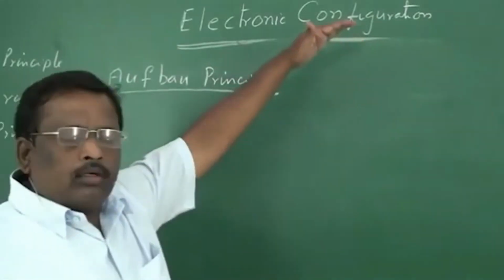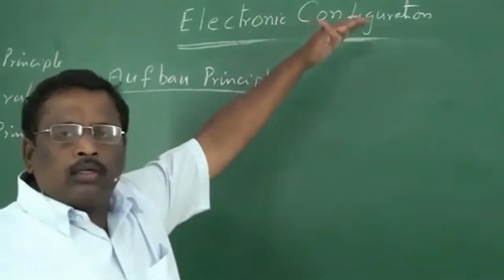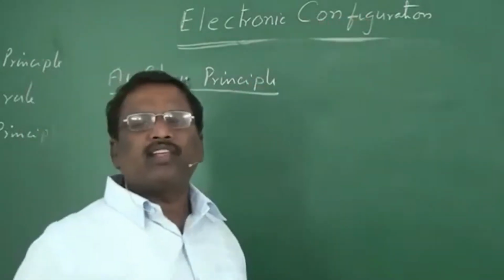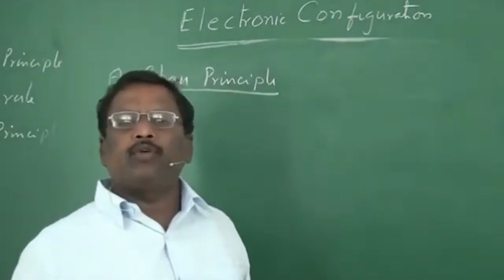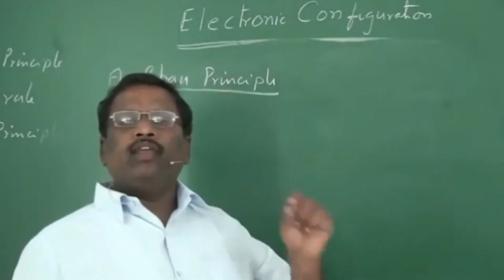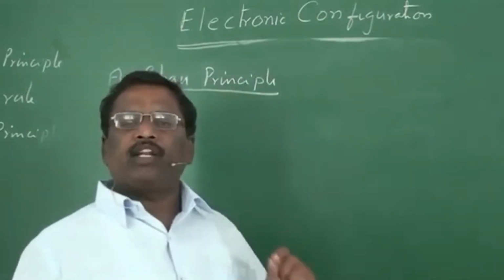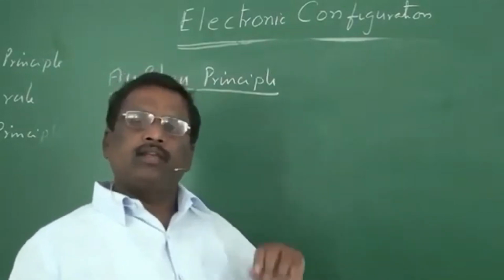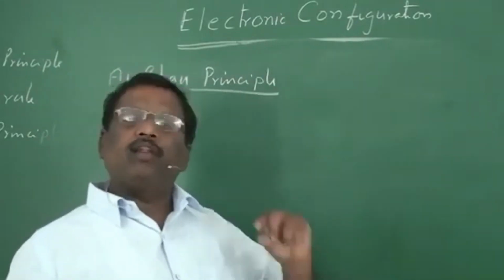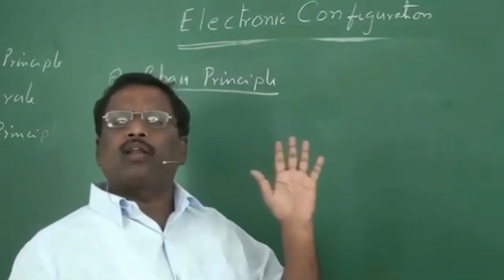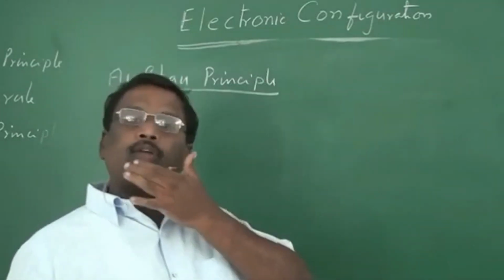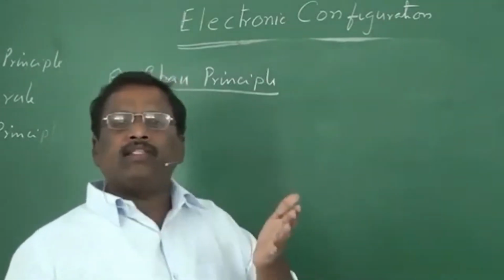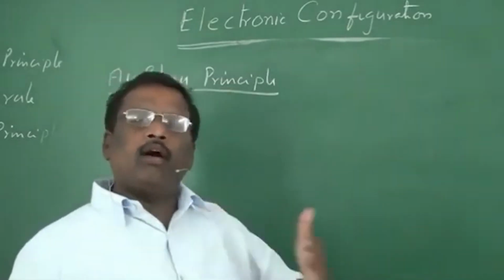All orbitals are available for the electron, because if you take hydrogen, only one electron is there, but in a hydrogen atom you have not only the first energy level. You have first, second, third, fourth energy levels, and so on up to infinity, and in each energy level there are all orbitals.